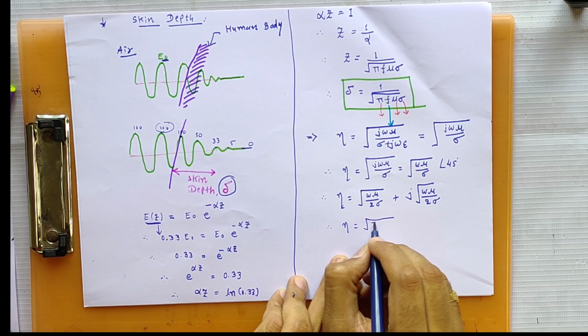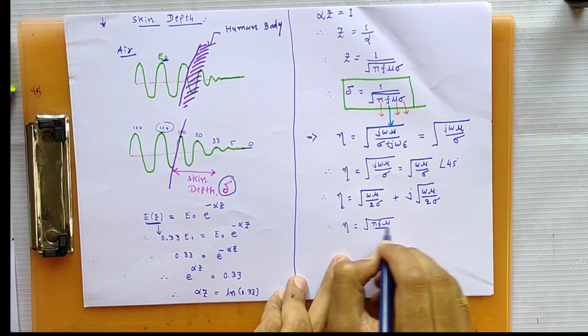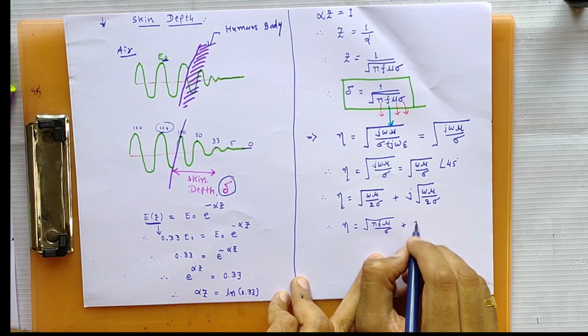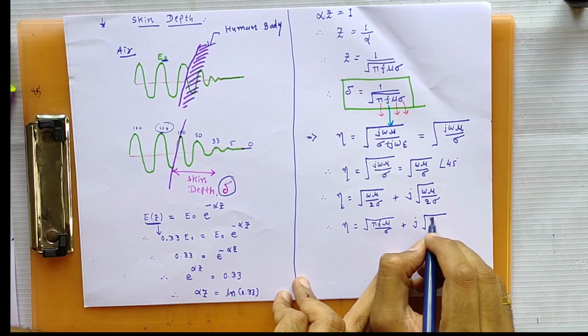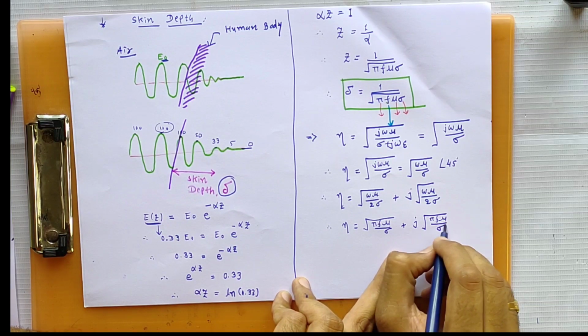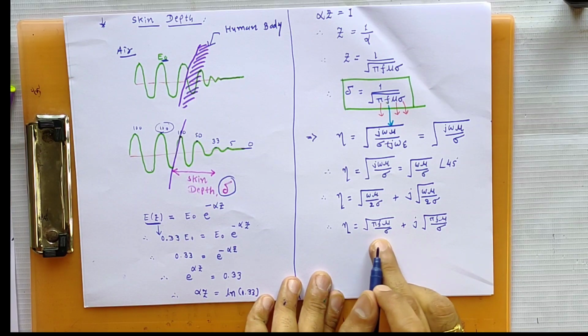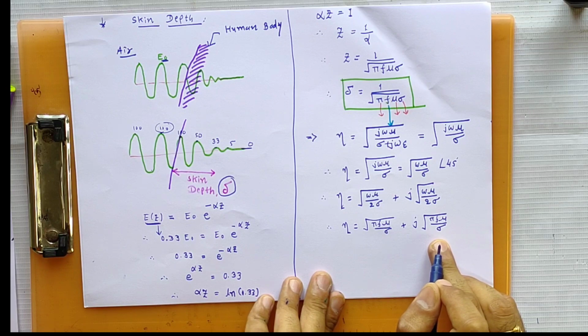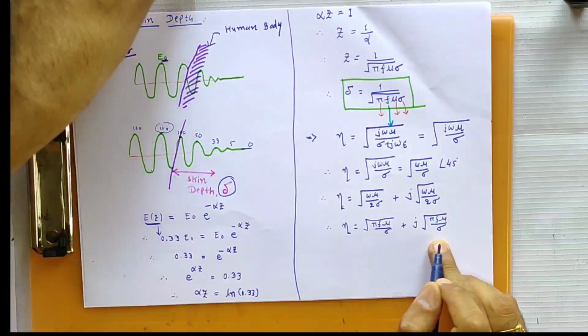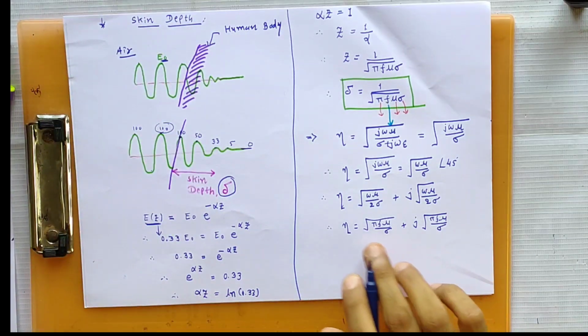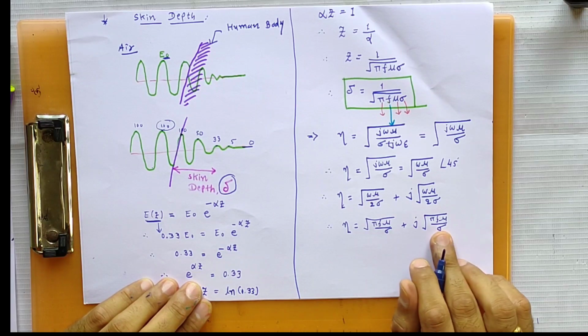So this is the square root of pi f mu by sigma plus j times the square root of pi f mu by sigma. This intrinsic impedance has two parts, a real part and an imaginary part.